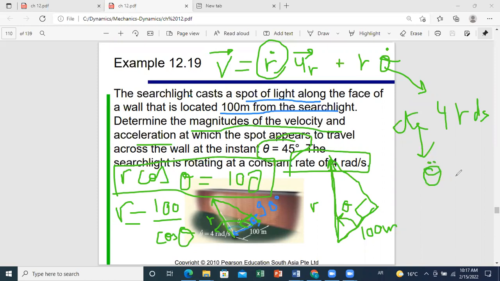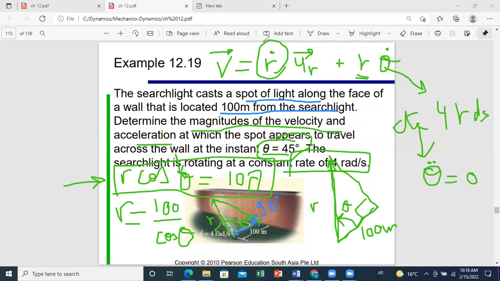So we don't have a problem with r and theta dot. Theta dot is given. R we can calculate based on our geometrical relation, which is r cosine theta equals 100. Specifically, I am interested in theta equal 45.